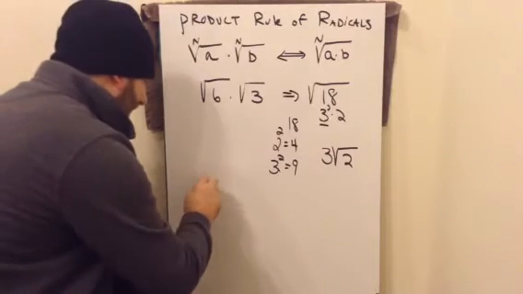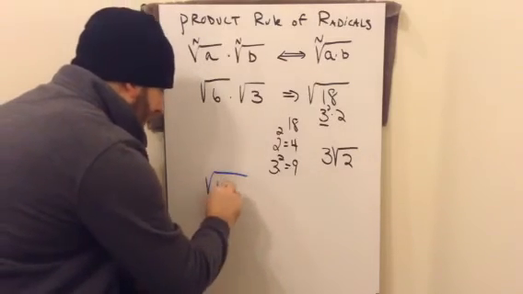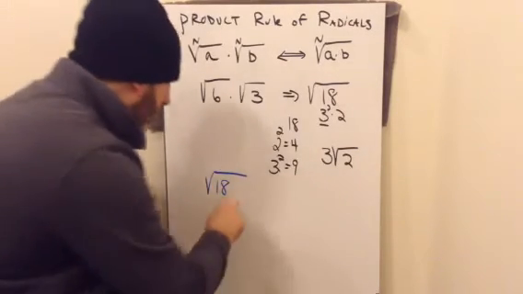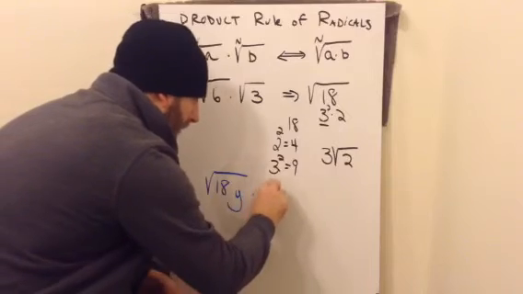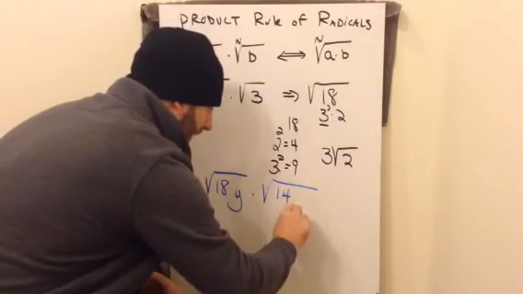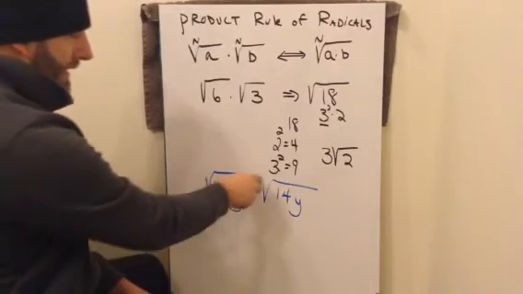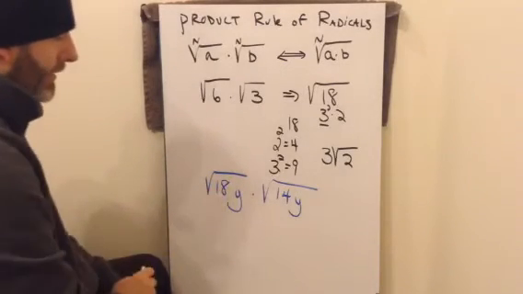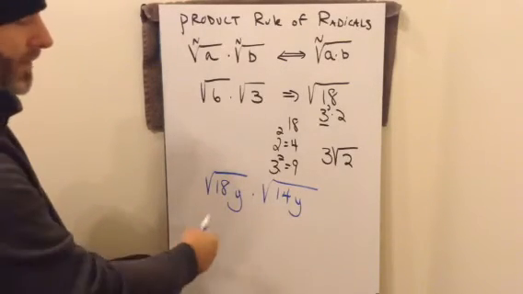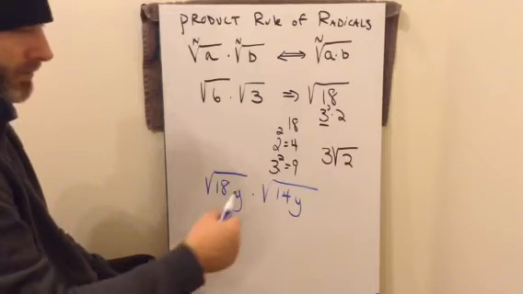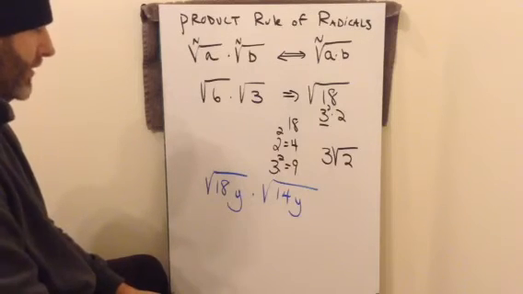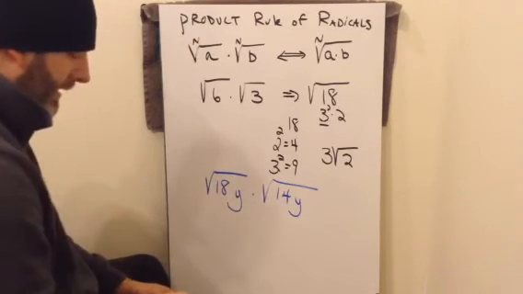Square root of 18 y times square root of 14 y. The indexes match. I'm multiplying. So when you do this, coefficient times coefficient, variable times variable. So x times x, y times y, as you need to. 18 times 14.